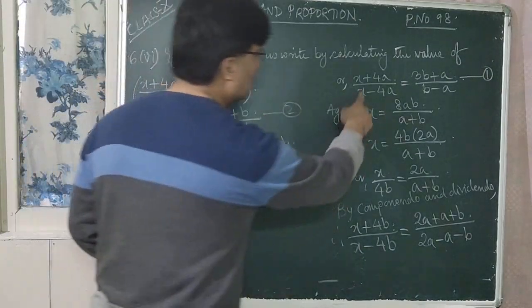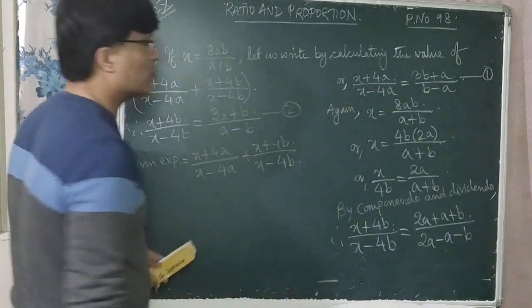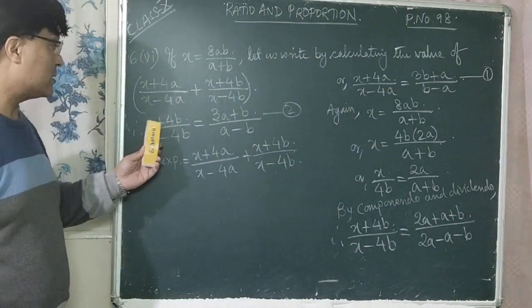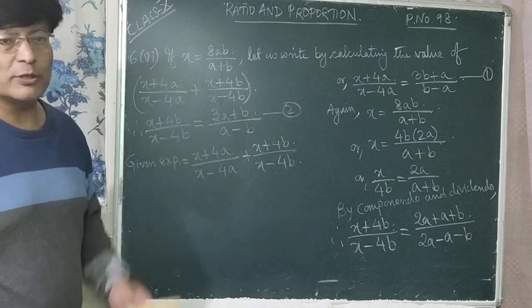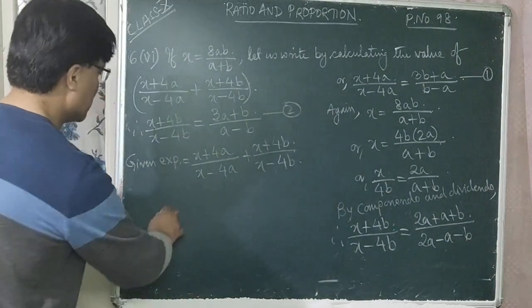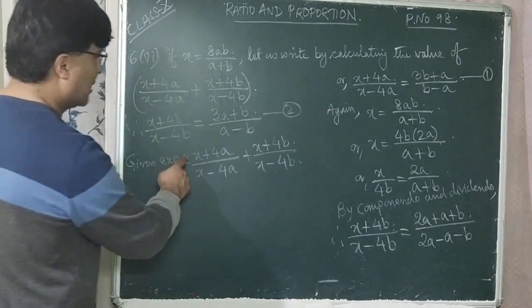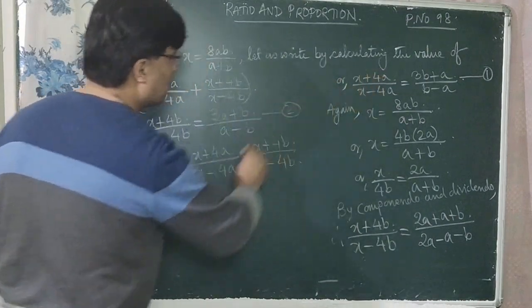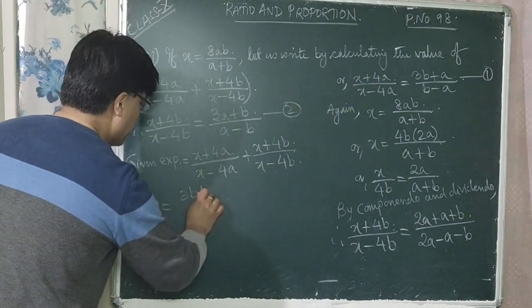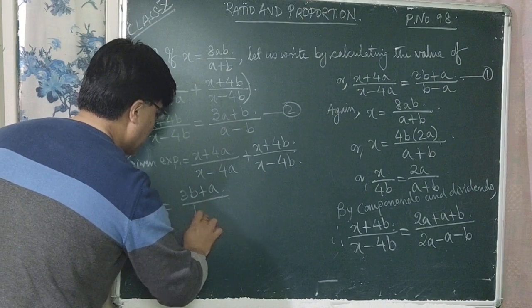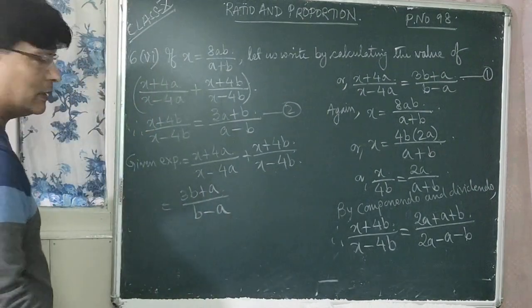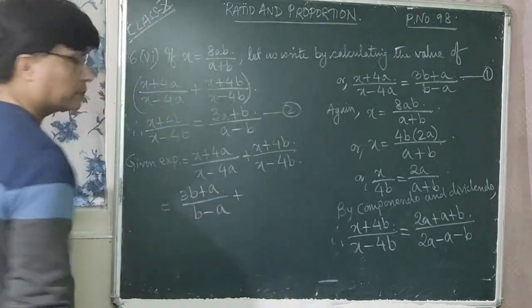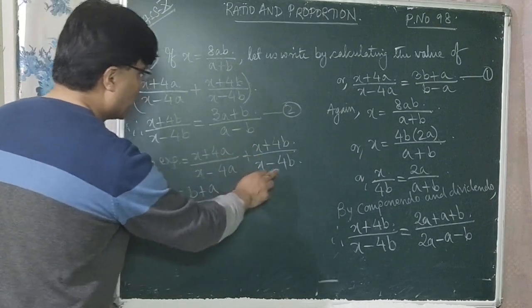Since we have marked the value of x plus 4a upon x minus 4a as number 1, let us mark this x plus 4b upon x minus 4b as number 2. So which is equal to, what is the value for x plus 4a upon x minus 4a? It is 3b plus a divided by b minus a. Okay, then plus, what is the value for x plus 4b upon x minus 4b?